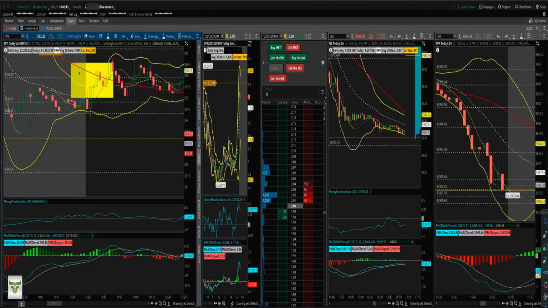The same thing is if it opened up just a little bit above the box, we're not going to go long right away. We're going to wait because chances are it's going to revert right back in the box. So we got to wait. So that's exactly what I did. I waited, right? Felt it out.